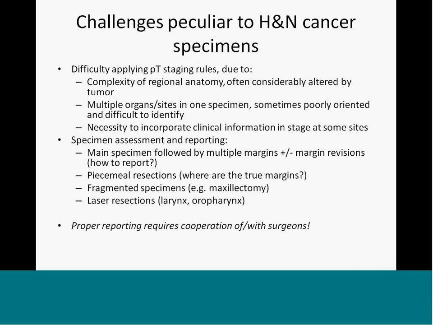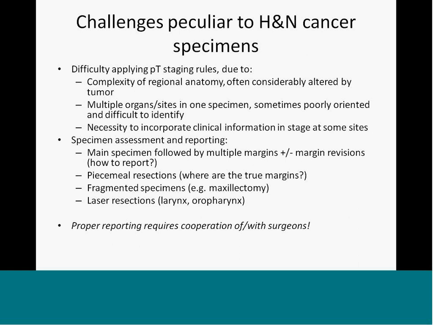The organs are close together, often considerably altered by the tumor. We often receive multiple sites and sometimes portions of organs in one specimen, and these can be very poorly oriented and difficult to identify grossly. The other issue that commonly arises is the necessity to incorporate clinical information in the staging at these sites.